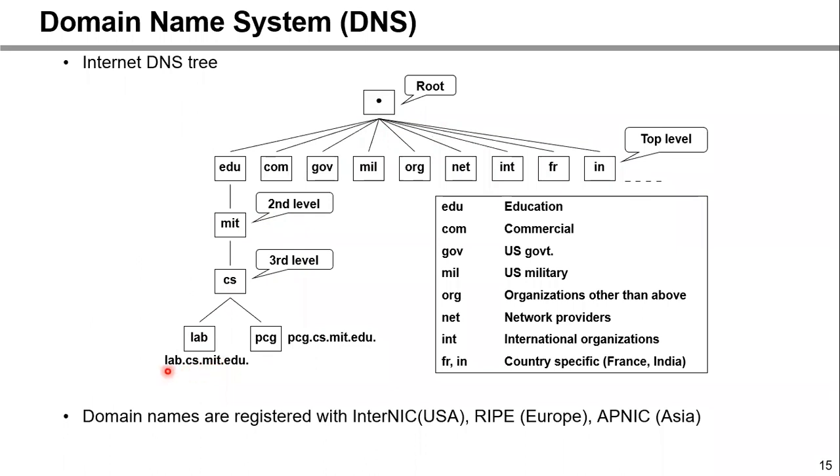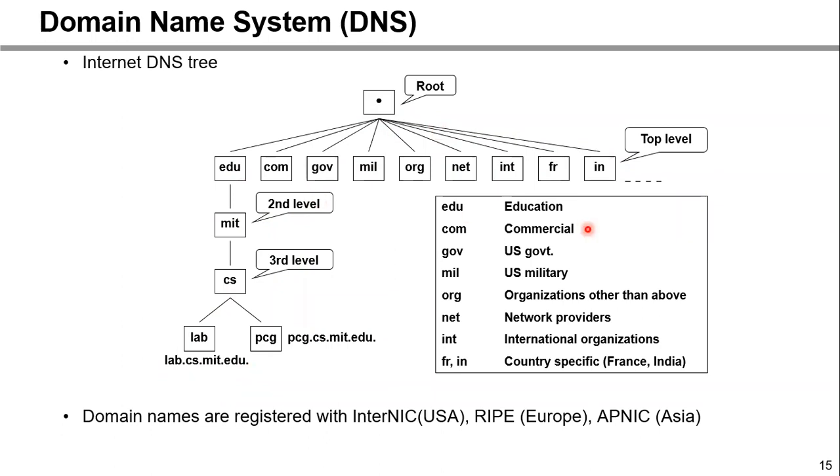If you have the name lab.cs.mit.edu, it identifies a particular machine from this lab, from this department, from this university, and this university is from this educational group.